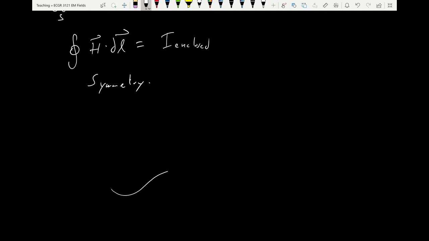So we need to find configurations where I can take a contour around, let me draw it in another color, take a contour around the configuration, the physical system, such that due to the symmetry of the problem, I know that the field is always going to be tangential to that contour.